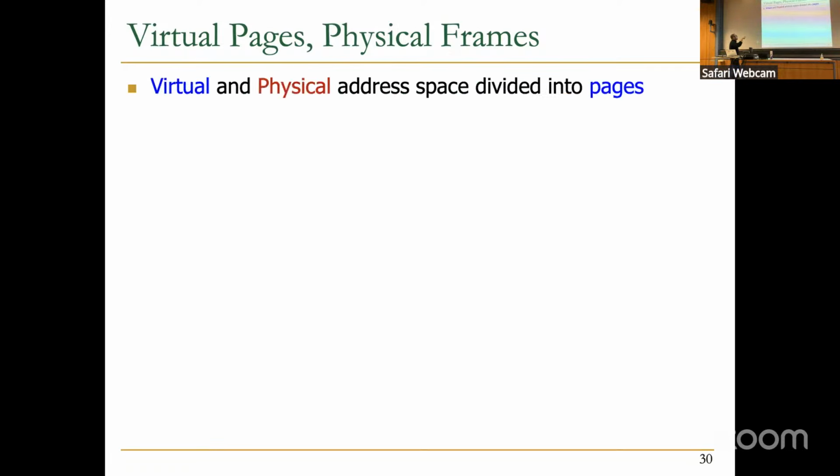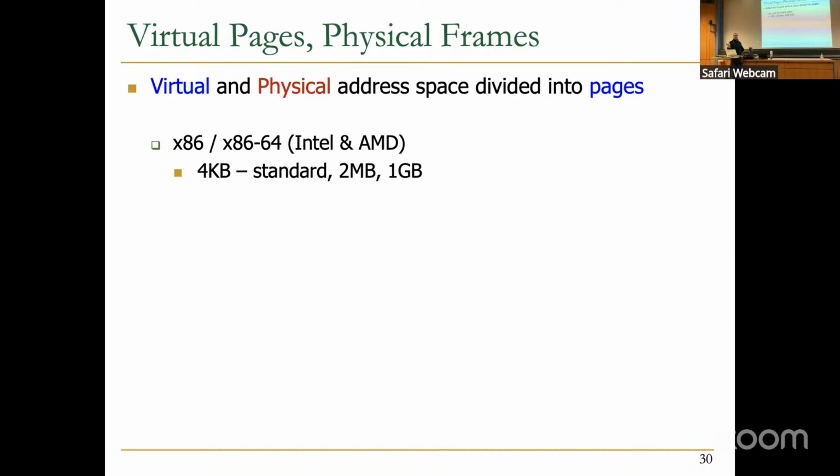We call them virtual pages, and some people also call them physical frames. I prefer just calling everything pages, basically. I find it a bit more intuitive. So we have the virtual and the physical address space, which is divided into pages. In x86 and x86-64 systems, we're using the standard 4 kilobyte paging, while there's support for 2 megabyte and 1 gigabyte mappings.